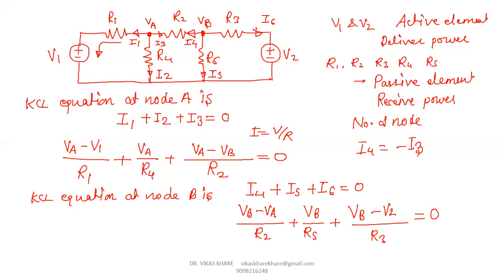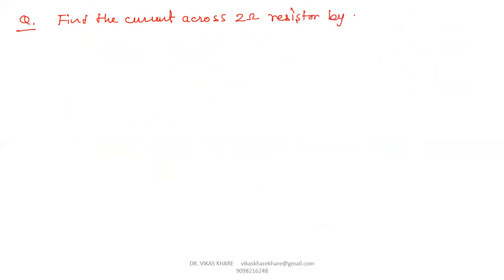Now we assess the concept of nodal analysis through a numerical question. Find the current across the 2 ohm resistor by nodal analysis.